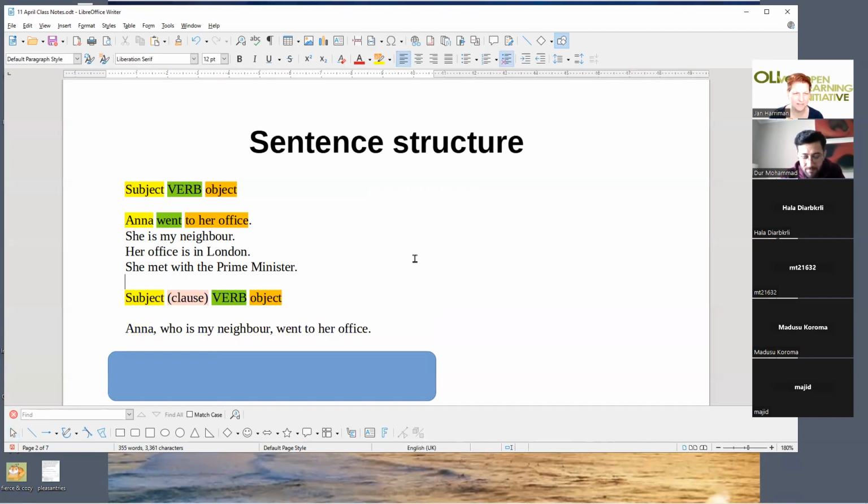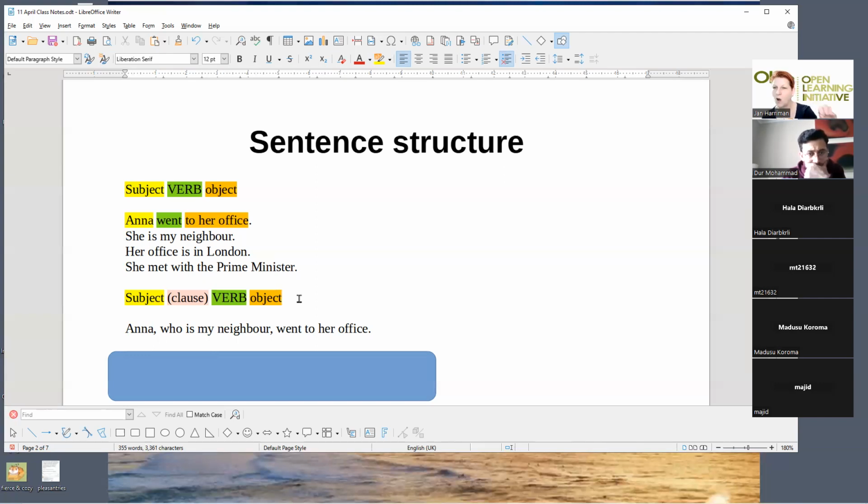So we can take all of these. So here we go. Oh, I have one more thing I need to put in here, which is, yes, that's to her office. So here we go. We've added one together. So we can take all of these little sentences.